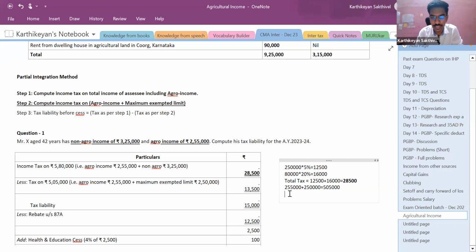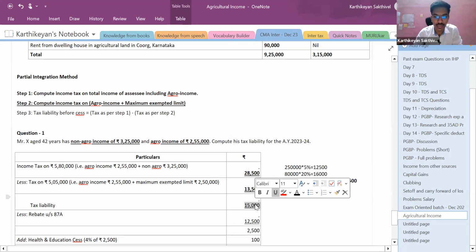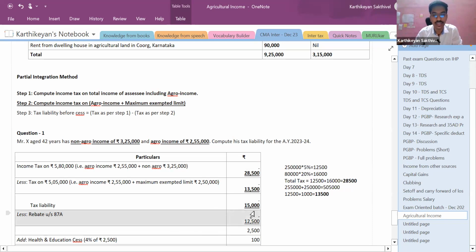On 5,000 at 20%, it is 1,000 rupees. So 12,500 plus 1,000 gives 13,500. So my total tax liability is 15,000. After this comes the rebate, which we have not discussed till this class.